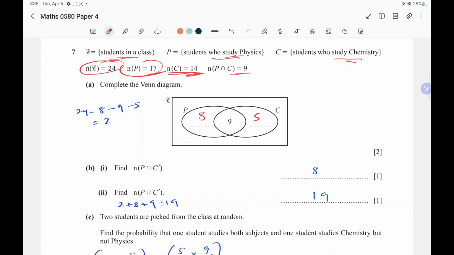Now this is called P intersection C complement. P is this. And the C complement means outside of C. Outside of C, which is the common one? Only this one, right? Only this one, which is 8. I hope you understood.